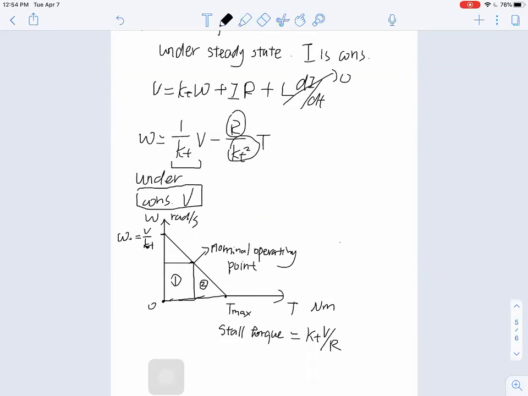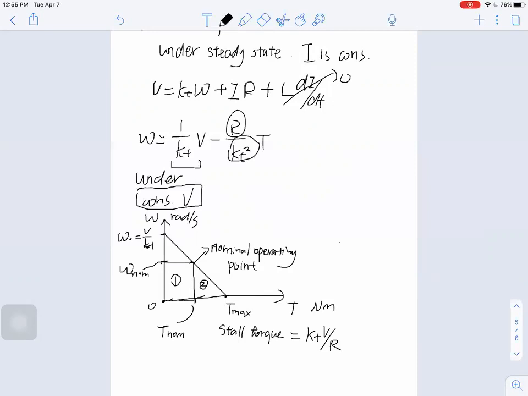Under the constant voltage, this point also gives you the nominal mechanical power. The corresponding omega here is the nominal angular speed. That's the corresponding speed, and the corresponding torque is the nominal torque.